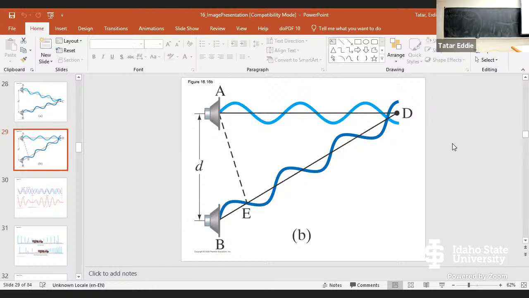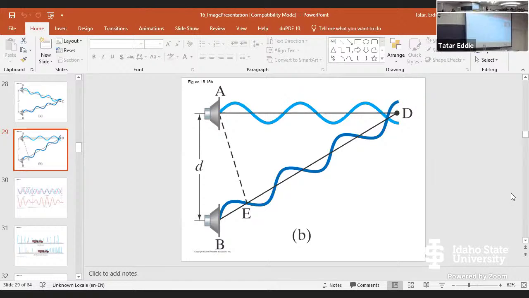Now, let me ask you the following question. In order to observe either constructive or destructive interference, the two sources of waves, in this case, the two speakers, have to emit exactly the same wavelength, exactly the same frequency.